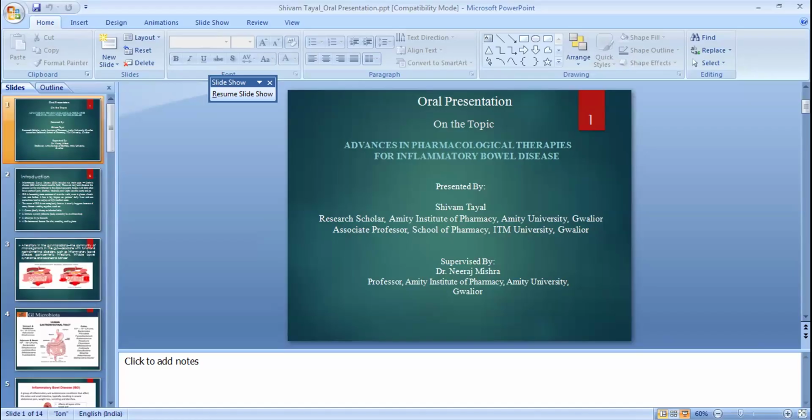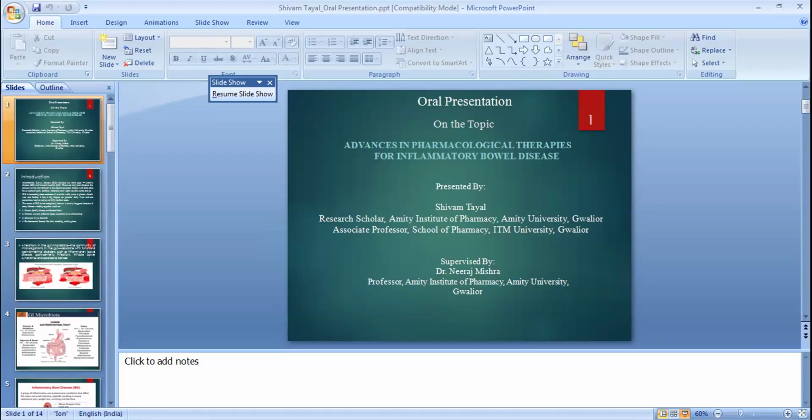The second factor which aggravates this disease is immune system problems. It can also be called an autoimmune disease, because in this disease our own immune system actually attacks the intestine. The third factor is changes in the gut bacteria, the bacteria available in our gastrointestinal tract. Whenever changes occur in the gut bacteria, this disease can occur.